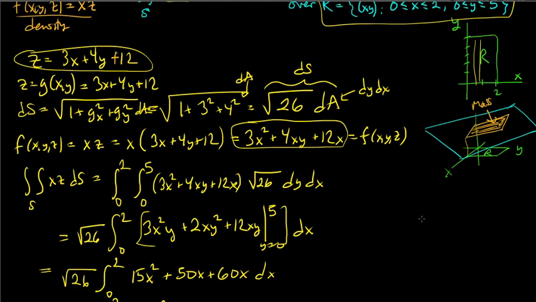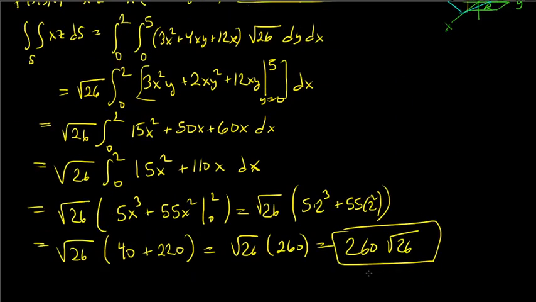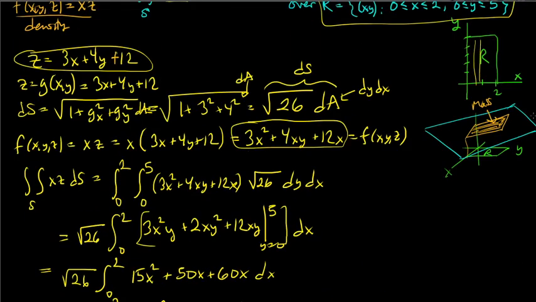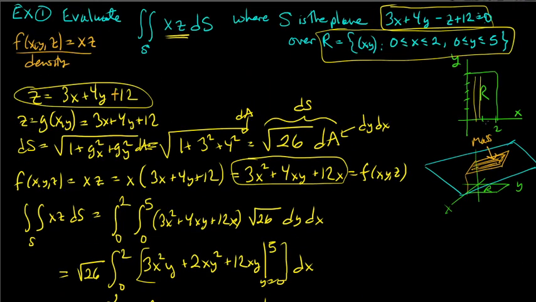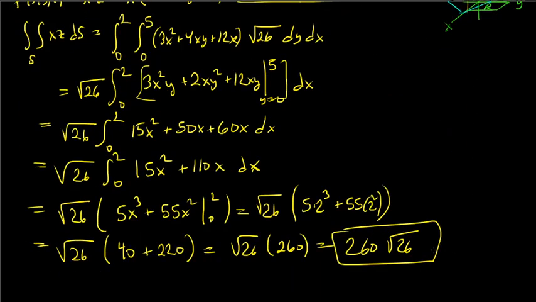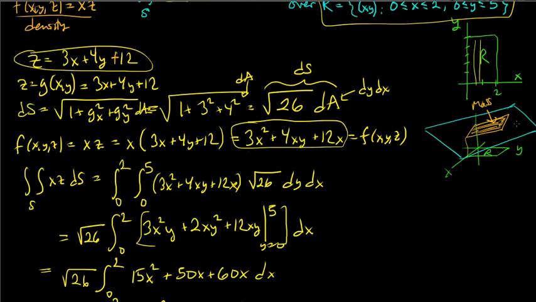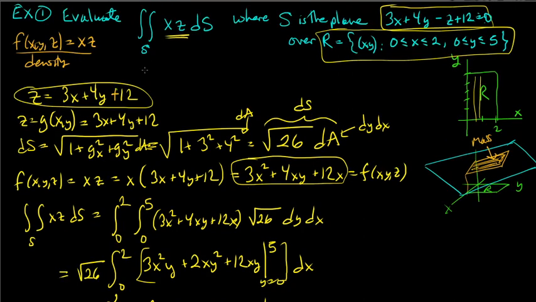So again, what does this number represent? It's not the area. Look, the area of the rectangle here is only 10, 2 times 5 is 10, and this is way bigger than 10, so I don't think that's the area. That's the mass. Remember, the density varied with x and z.